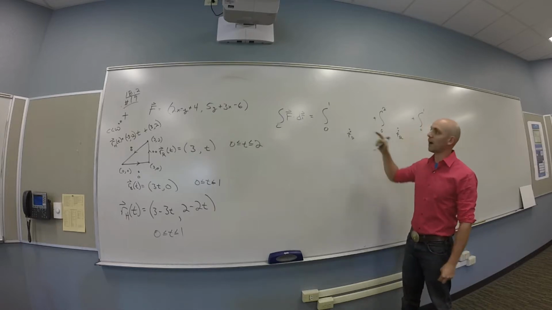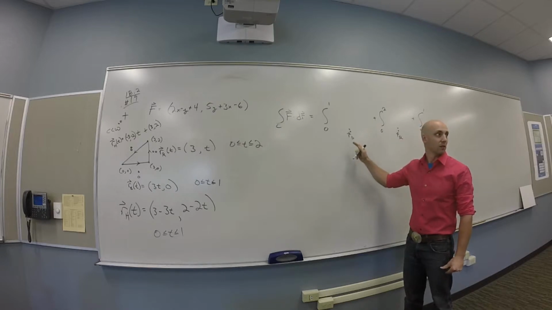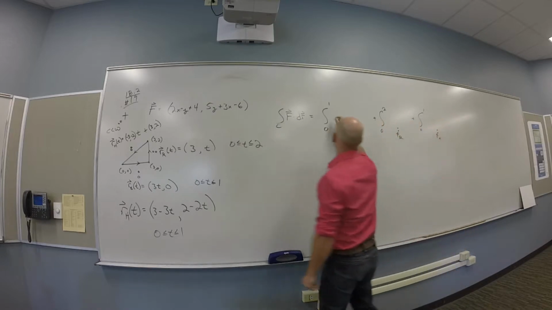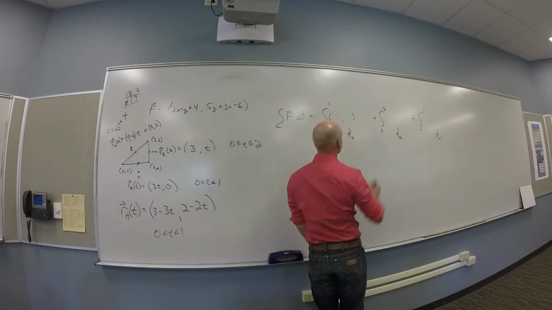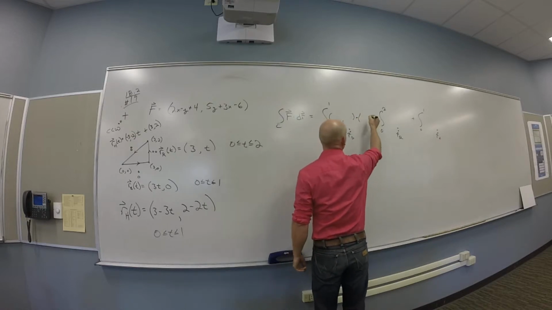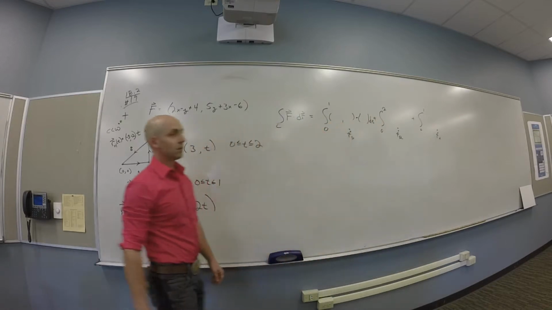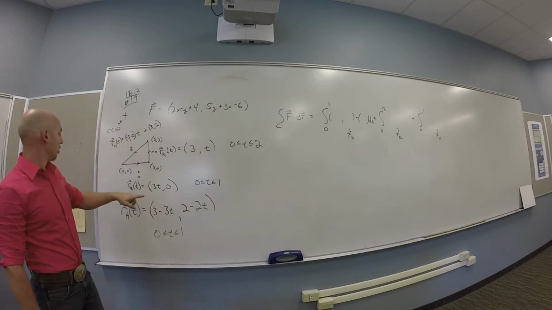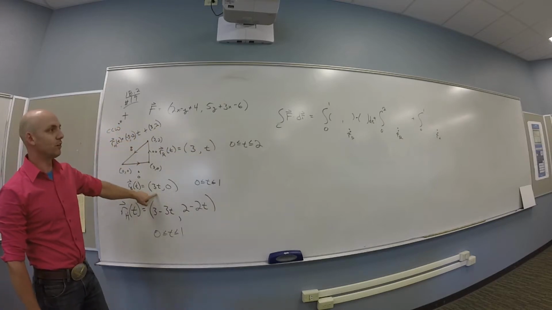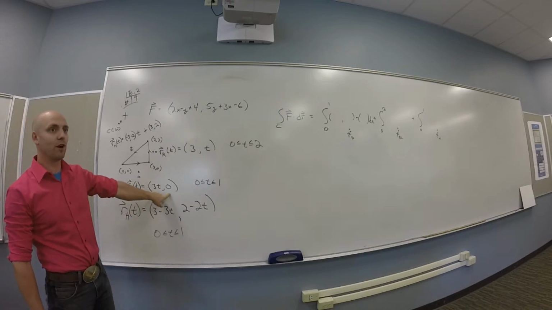Okay, now I need to evaluate F at each of those separate pieces. And then I should dot with what and put a dt. Good, that should be the derivative of each different r. So the first, r_b derivative, is what?